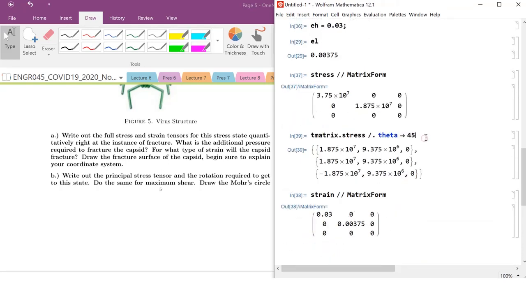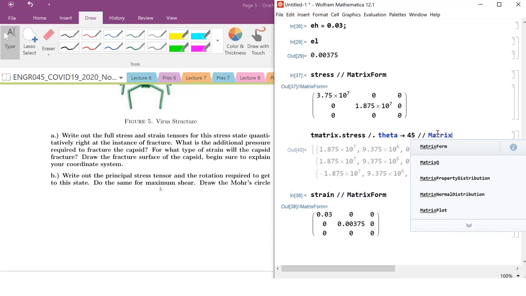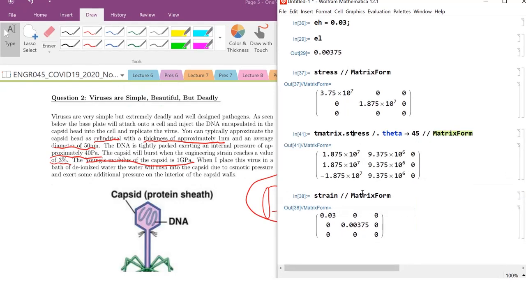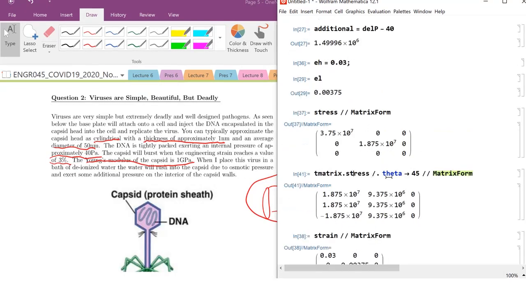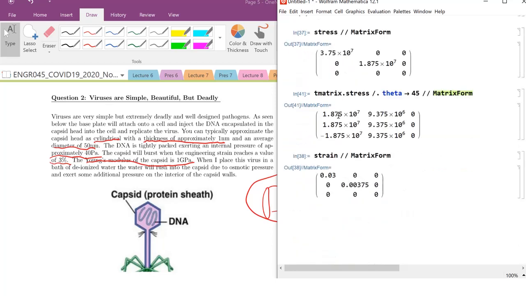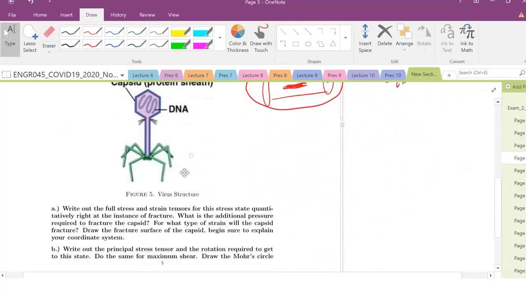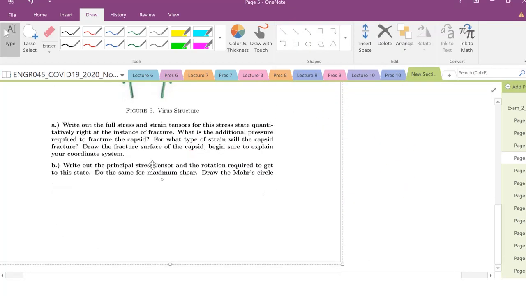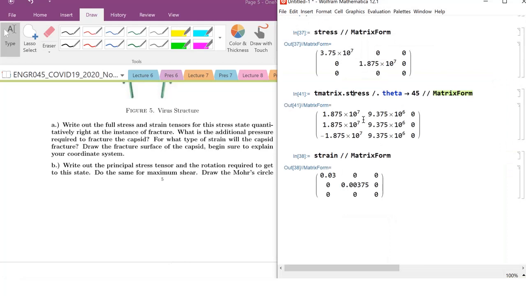And that is my full stress tensor there. And actually, let me do matrix form. That gives us, when we do this rotation of 45 degrees, our stress tensor. Again, what this problem is asking for: the principal stress tensor, we already have that, and the rotation is 0. For maximum shear, it's 45 degrees, and we've written this out here.